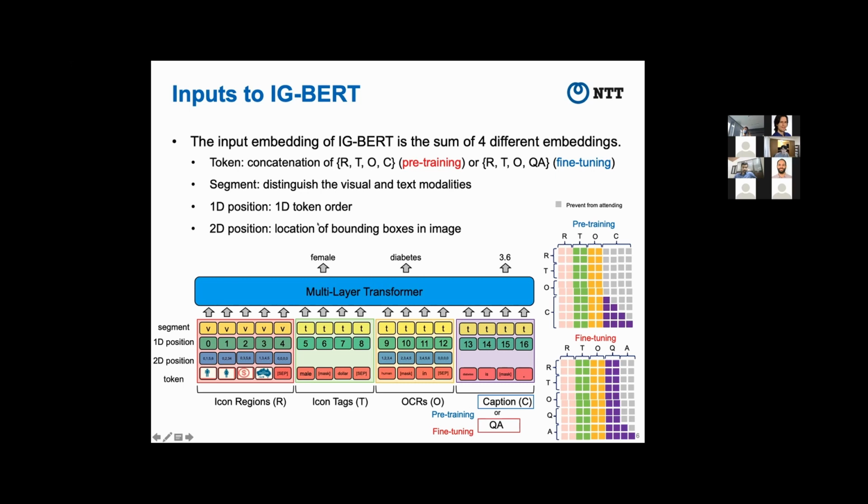In addition, we use the segment embedding that distinguishes the visual and text modalities. We also made 1D and 2D position embeddings to consider the 1D token order and the location of the bounding boxes in the image.